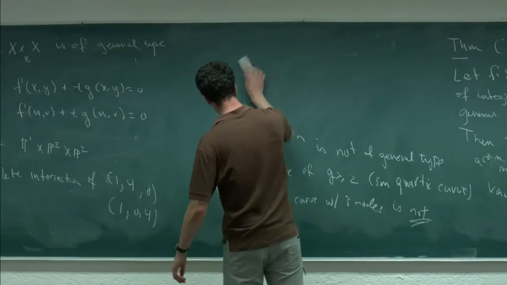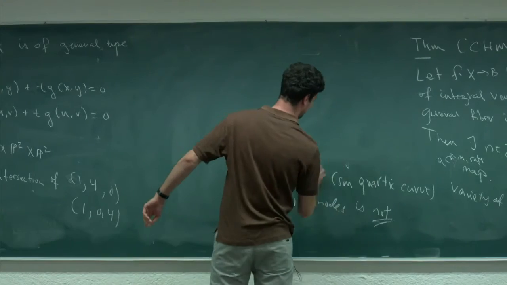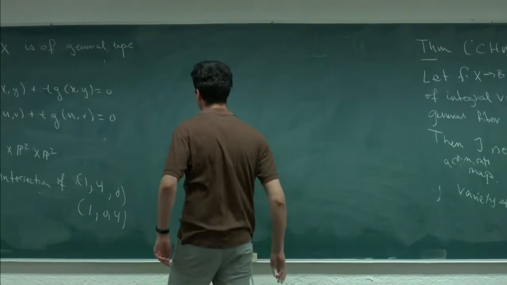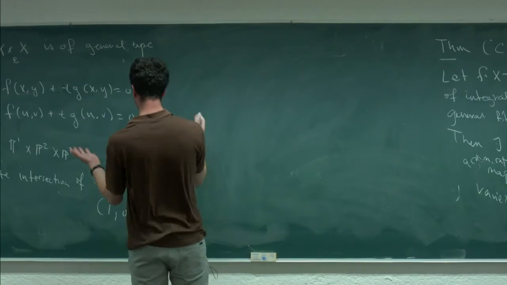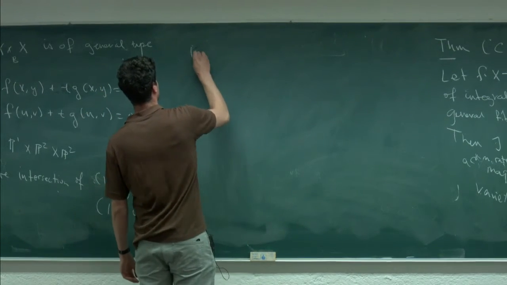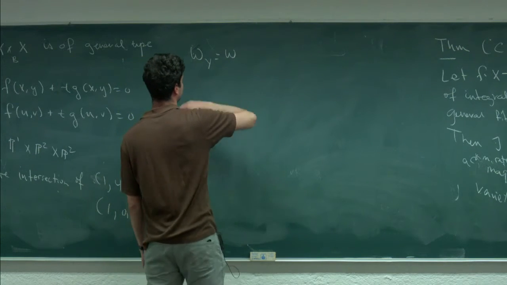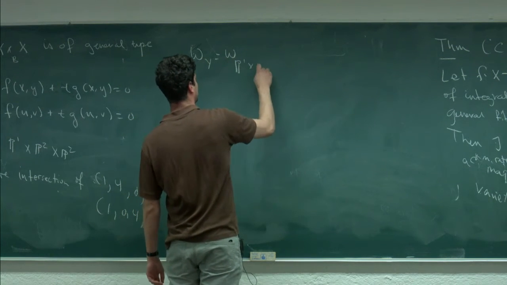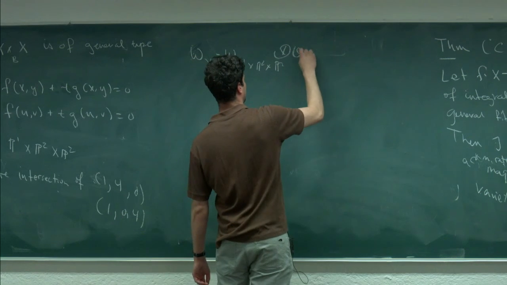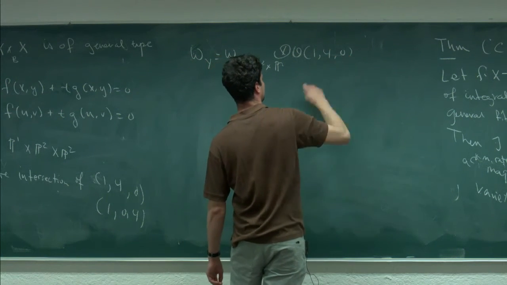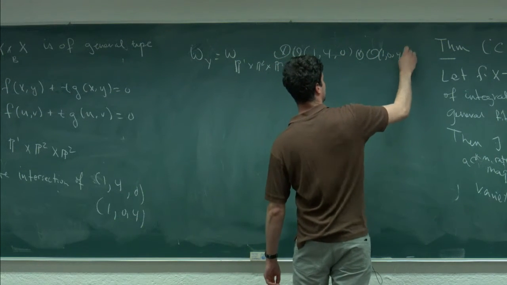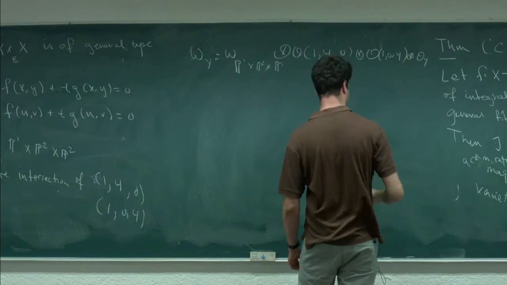So we can compute the canonical. We want to show it's of general type, so we compute the canonical and we show the singularities are okay. We do the same sort of thing. Now I have something (1, 4, 0) and (1, 0, 4).